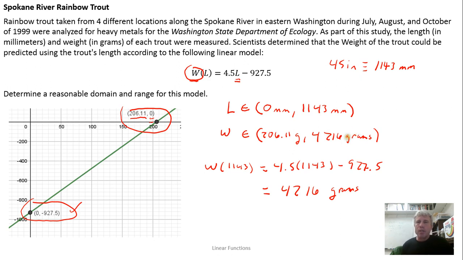Again, this isn't perfect. This is just putting a lower limit and an upper limit on trout length, and then looking at what weights are generated by those lower and upper limits.